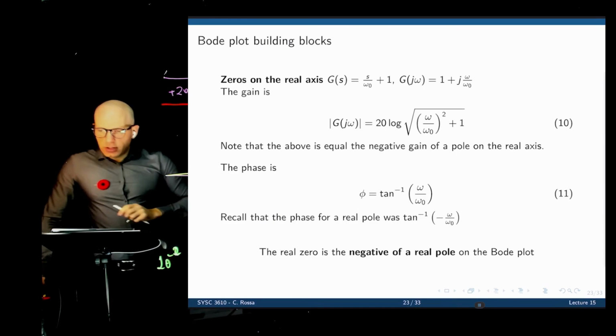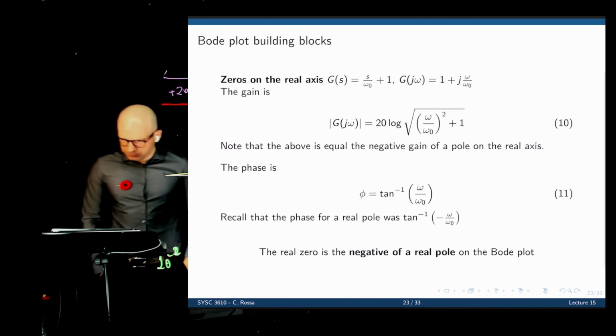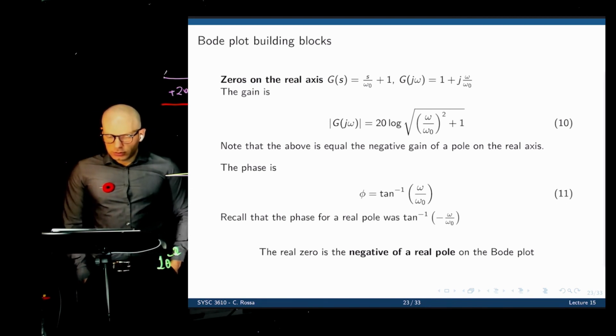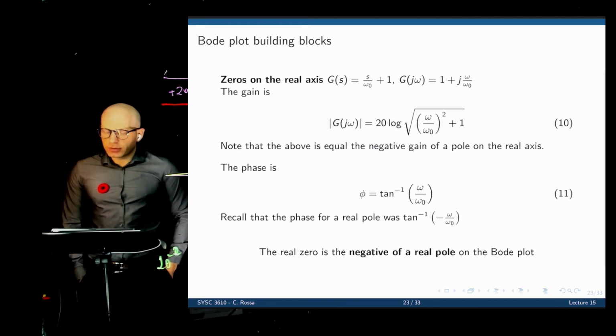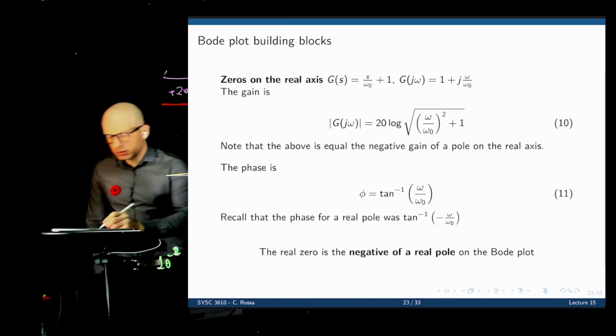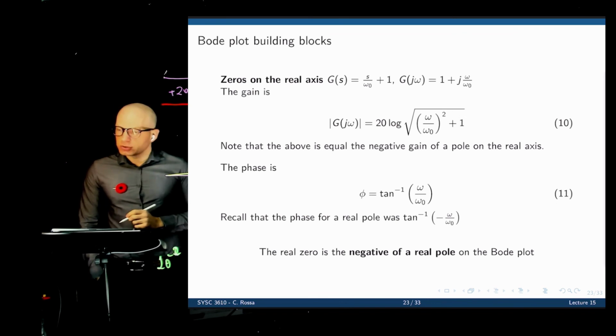Okay, now the last building block for this lecture is the zero on the real axis. You'll notice here something very similar to what we had before, except that the negative sign is gone from here and is gone from the tangent function.